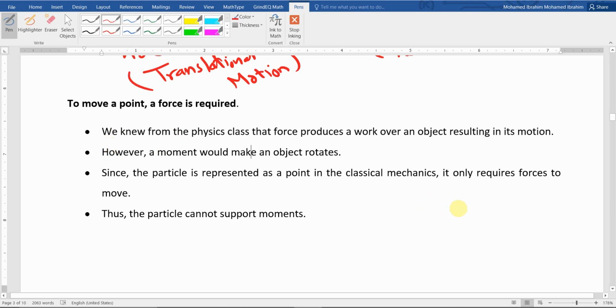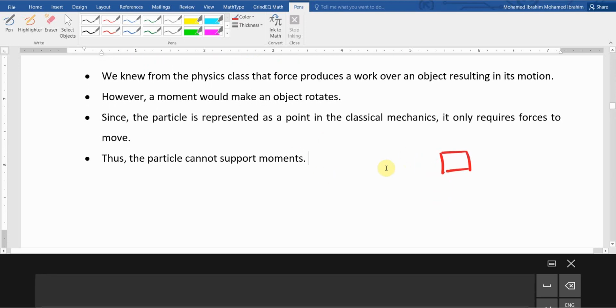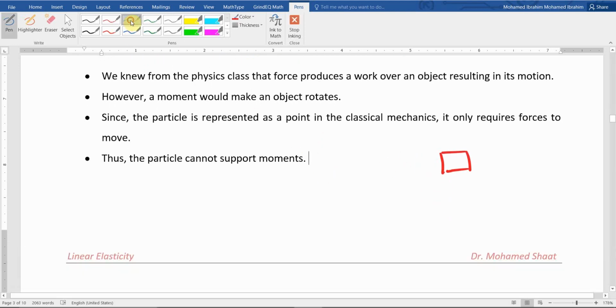Like for example, from the physics or even the dynamics class, we knew that in case you have a box like this one, right? Let us assume that you have this box. Let me move this one down. And if you would like to move this box, you should push it with some force, right?